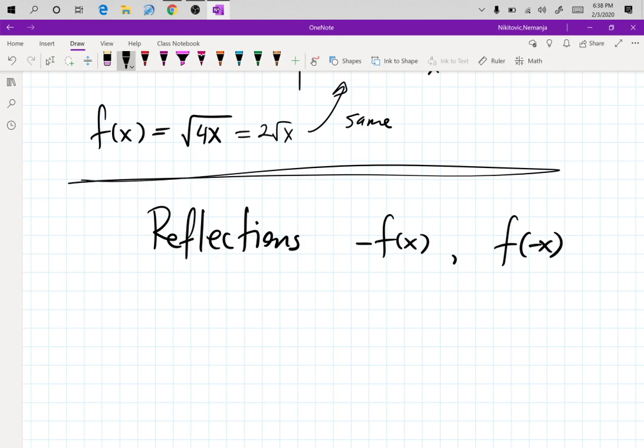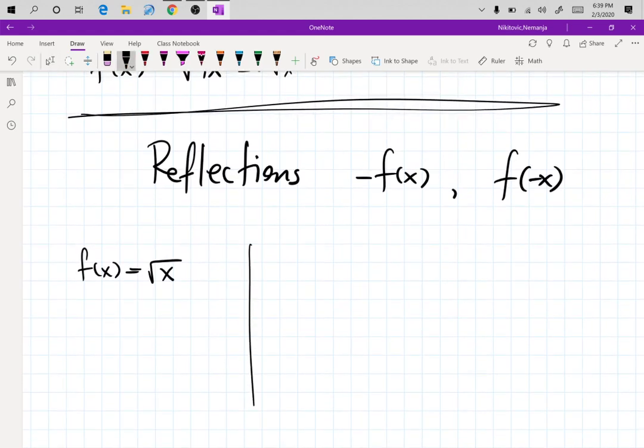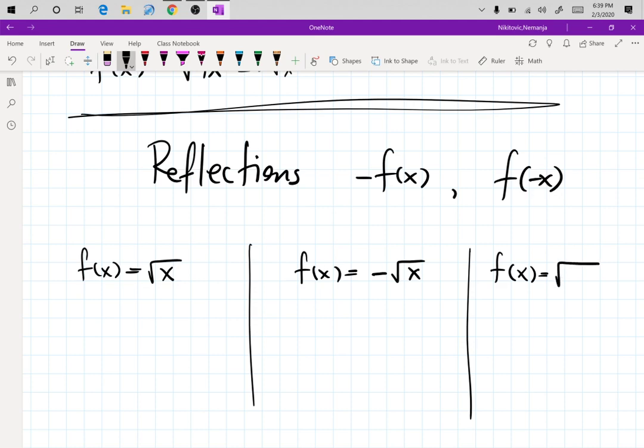And that completes our list of 6 transformations which every function that exists has. Now let's take a look at these. If I have f of x equals square root of x, then I'm going to have f of x equals negative square root of x, and finally f of x equals square root of negative x, like that.